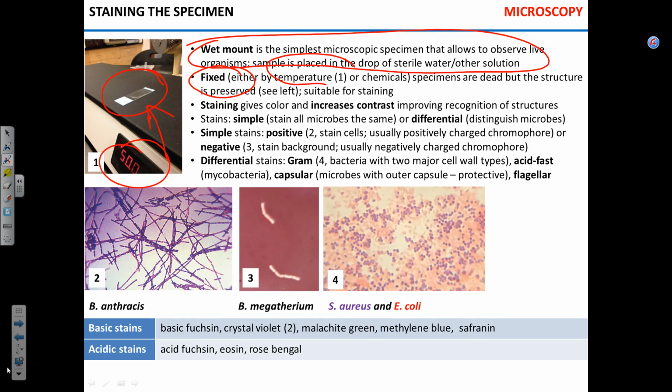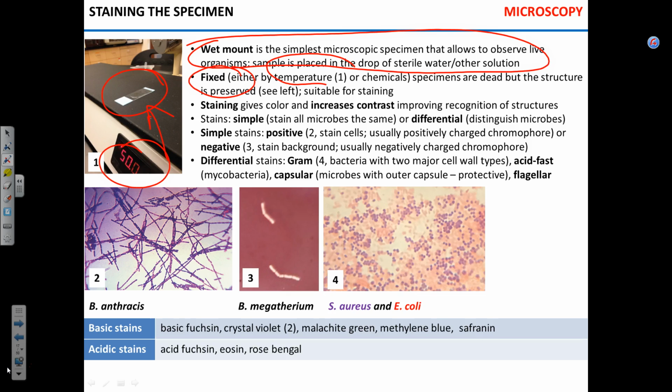That's how fast it should go. 1, 2, 3. Your bacteria are dead. It will take some time to get them just dead, because in many cases they pretty much explode. If you overexpose them to the flame, they're all going to be dead, they're going to disrupt, it's going to be a mess. But usually it works pretty well.